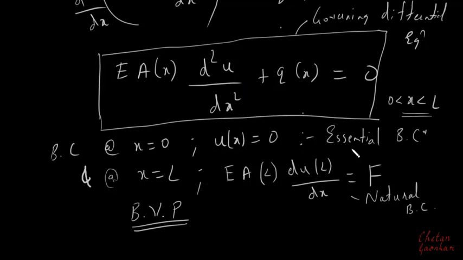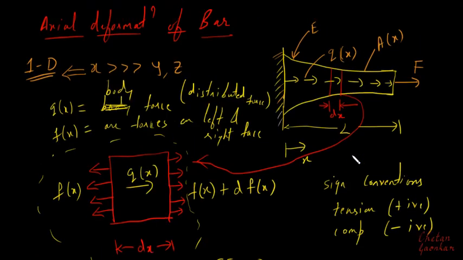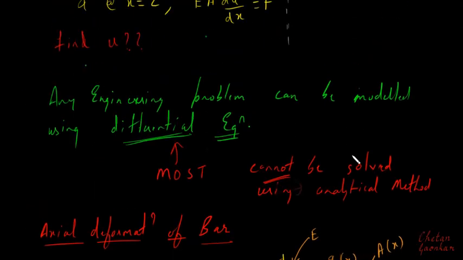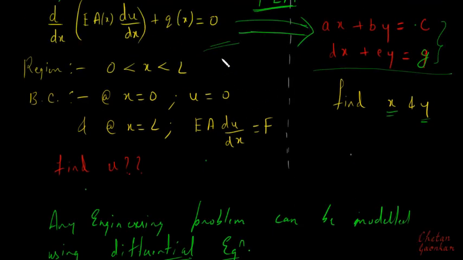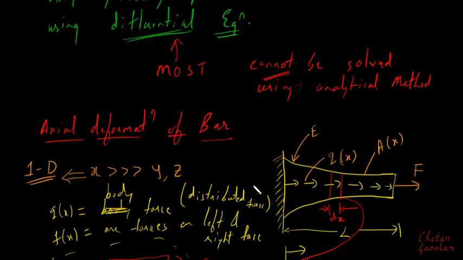All right. So to conclude, we have seen that the finite element method is a tool which converts a differential equation into a set of linear algebraic equations, and any problem can be modeled using differential equations.